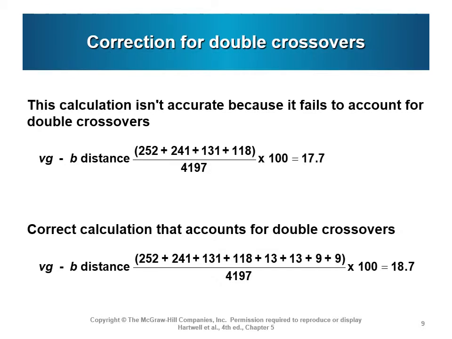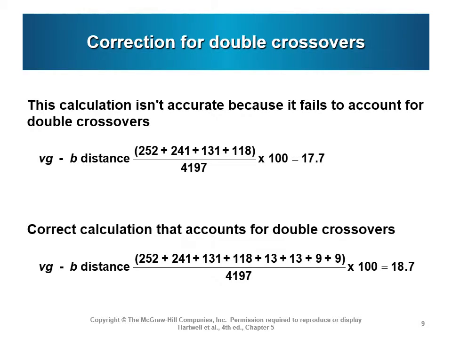There should be an explanation, right? Why are we having differences when we think we have calculated the VG B distance correctly, and also the VG PR plus PR B distance? Why are we getting different numbers? There is an explanation. It's not magic. The explanation is that for the VG B distance, the double crossover was not taken into consideration.